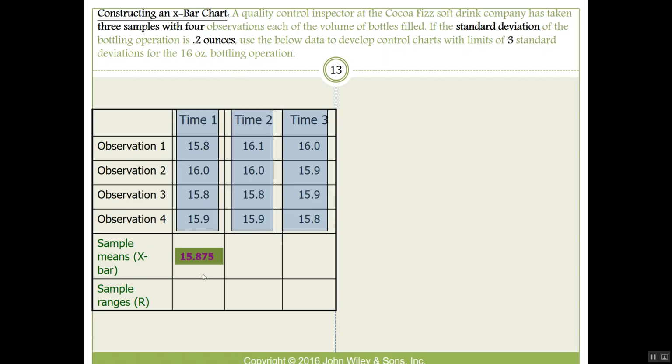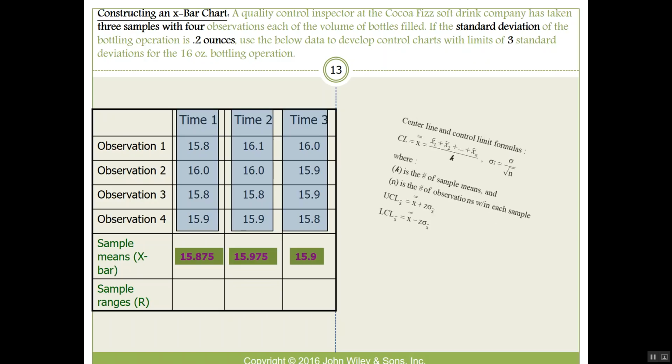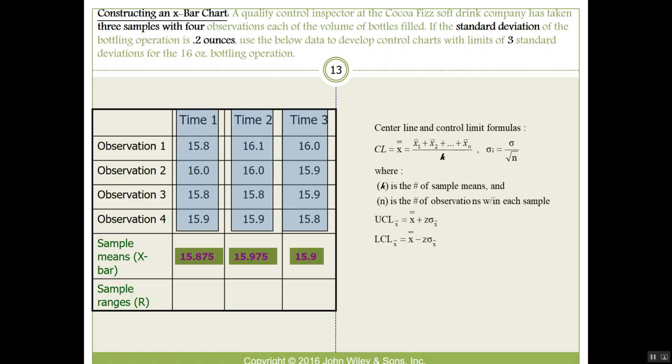It's going to be 15.875, and similarly for sample number 2 and 3 we have these values, okay? So these are the formulas that we use to calculate the CL, or center line, UCL, or the upper control limit, and then LCL, or the lower control limit, for the X bar chart.